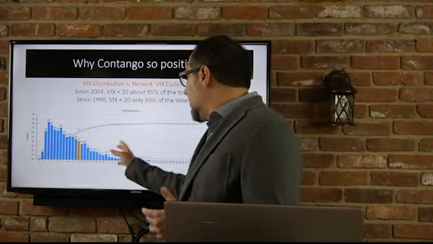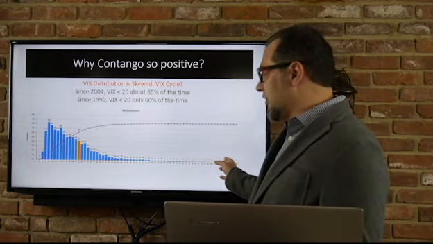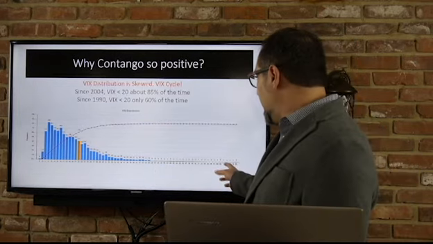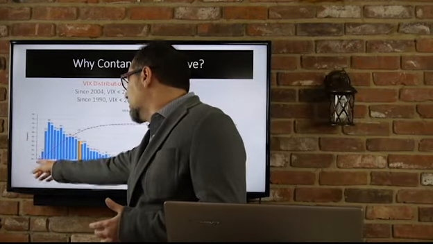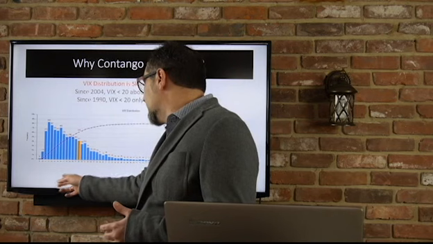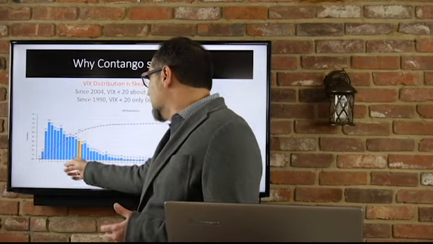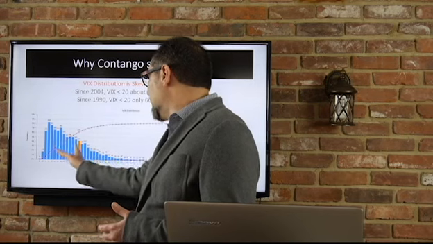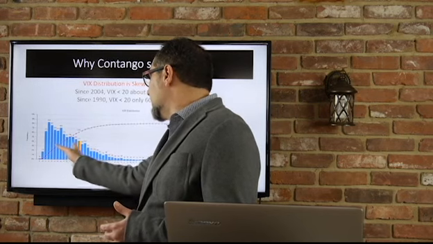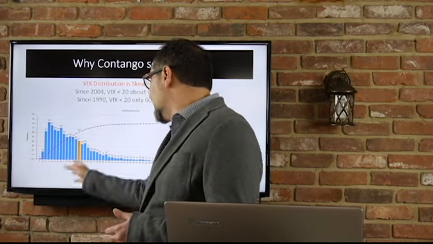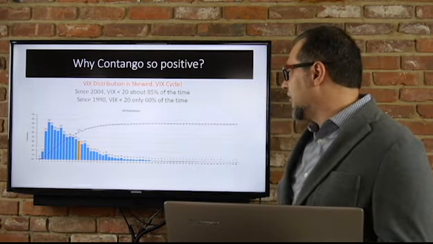So again, if you look at the VIX distribution itself, as you can see, it's heavily skewed towards the lower numbers. This is the VIX of 20. This is the VIX average right here. As you can see, 85% of the numbers are lower than the average, and a very small amount is higher than the average.